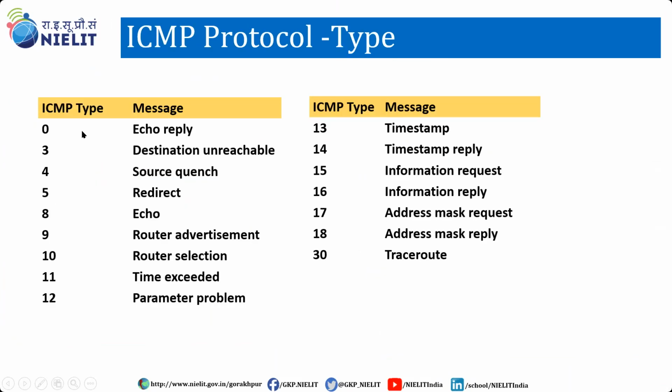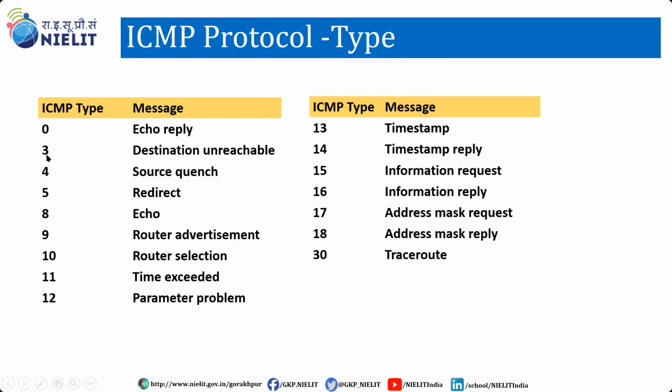Basically, there are many categories of ICMP type. One is 0. 0 means echo reply. When we send an echo request to the target machine, we get some reply as a response. So if some response to the echo comes, it is called echo reply. In an echo reply, the ICMP type value will be 0.